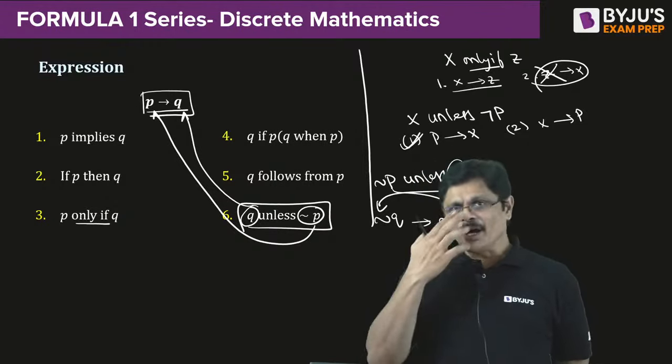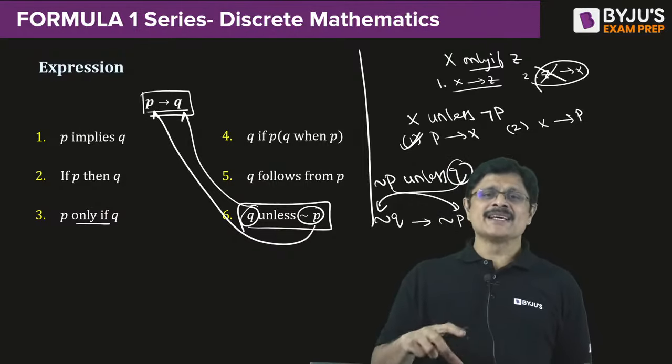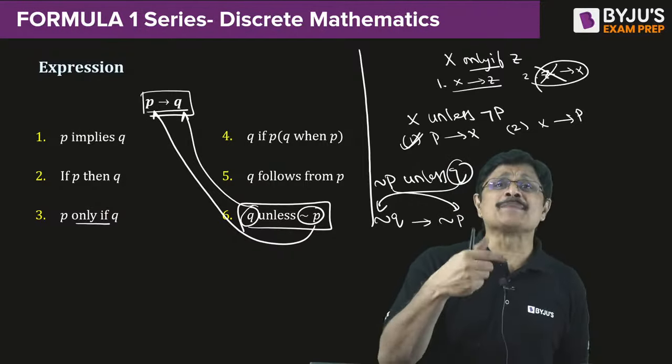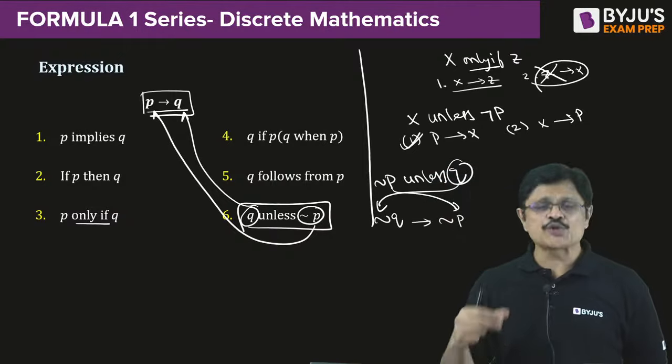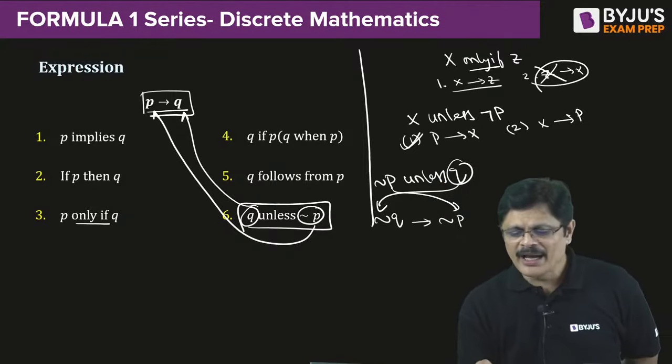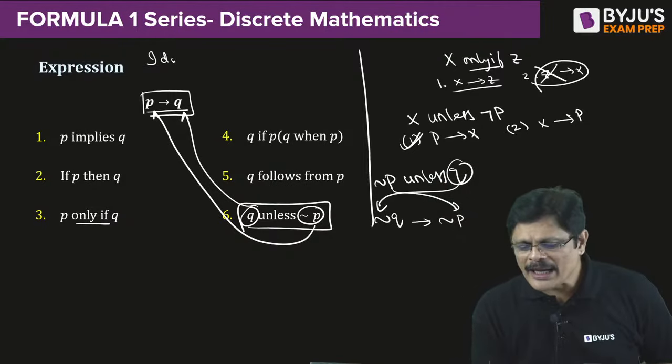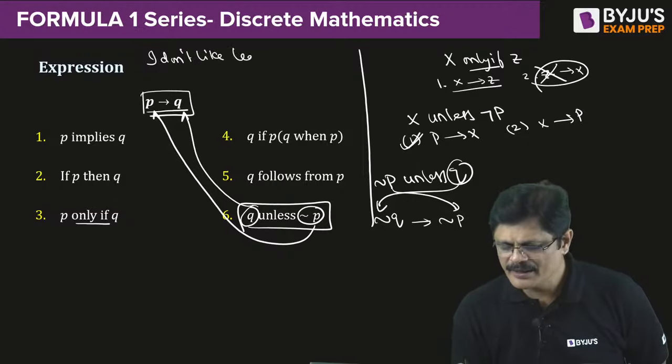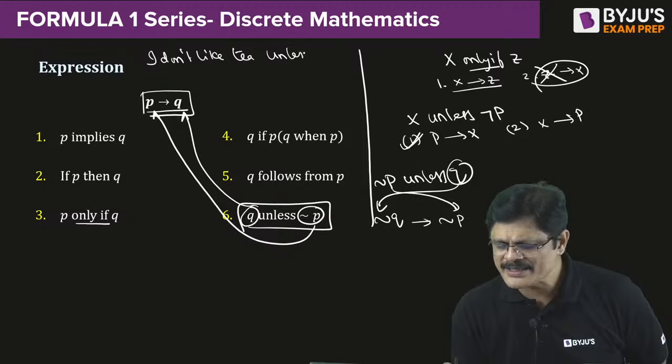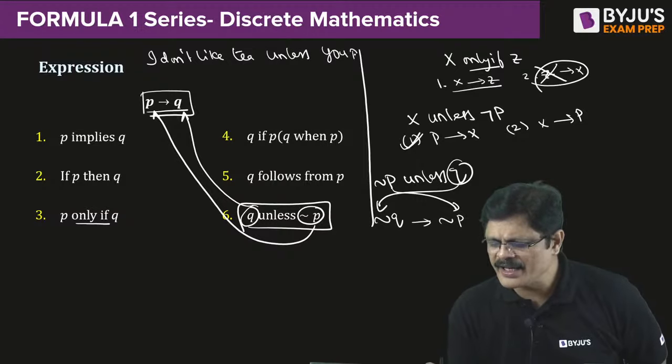So this is how we should practice this, my dear friends. You practice with the symbols, and then you change each symbol to some statement. For example: I don't like tea unless you prepare it.